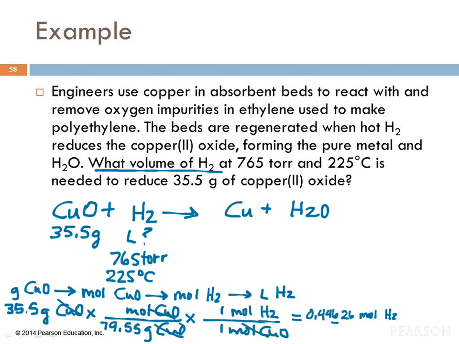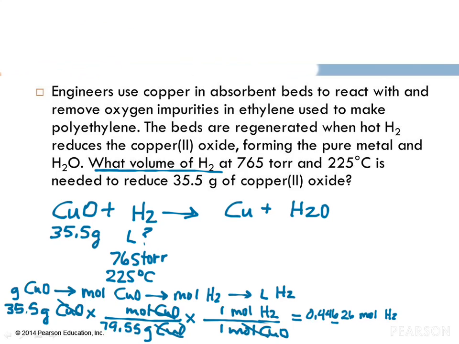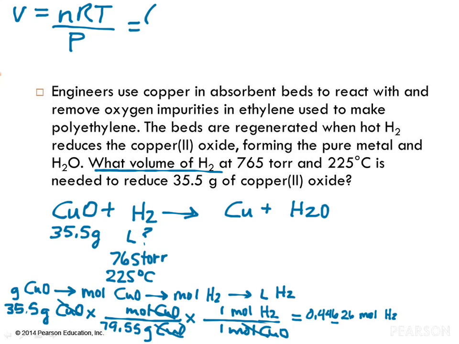So again, I need some space, so I'm going to make some space. Maybe I can get away with just the top up here. We'll see. So PV equals nRT rearranges to V equals nRT over P. So we've got our number of moles, 0.4626 moles.